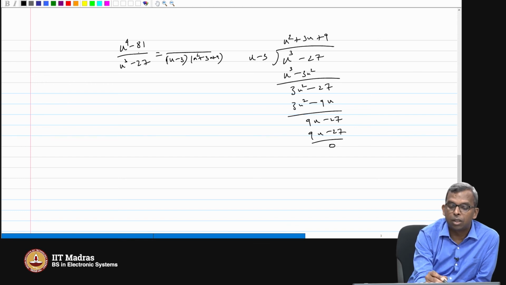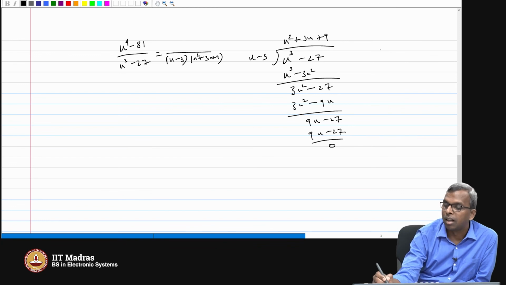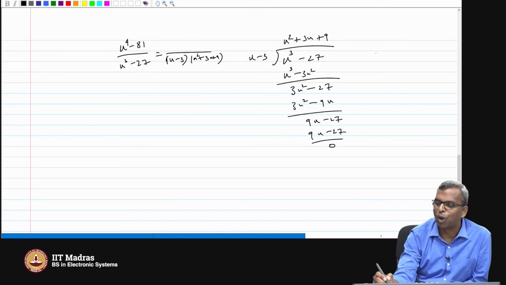For the numerator also you can do the same thing. Should I give you the formula or should I do the long division? One of the two is fine. So, you will get u power 4 minus 81 is u minus 3 times u power 3 plus 3 times u squared plus 9 times u plus 27.